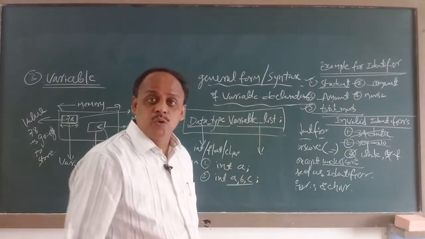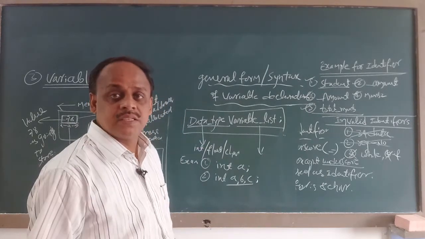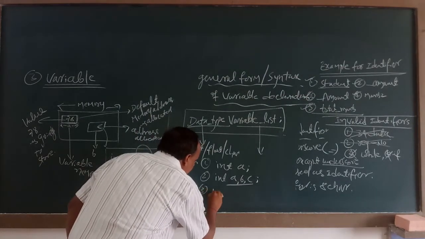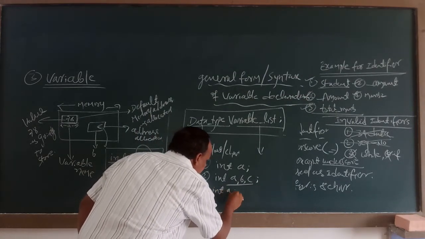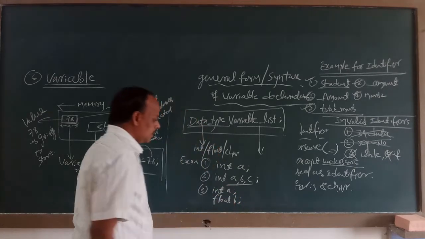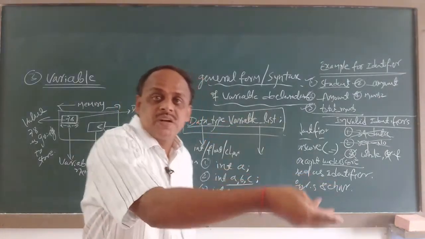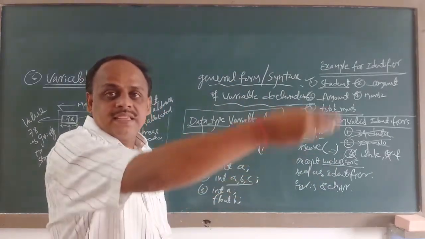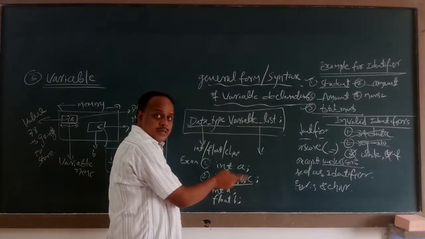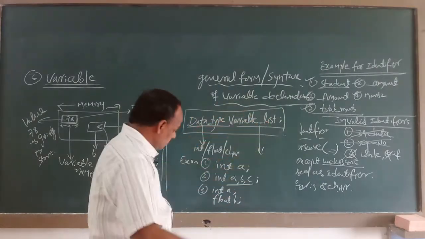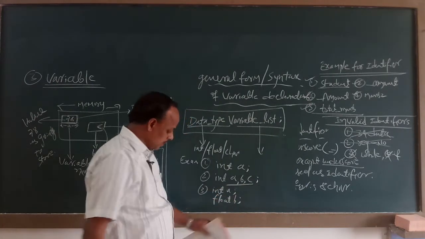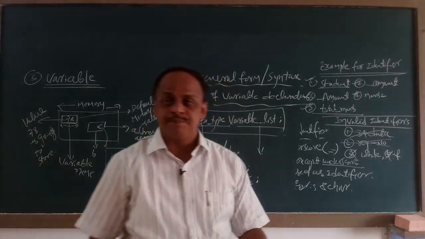Suppose I have to declare two variables of different data types, then we have to declare them separately like this. Third one, int a comma float b, right? Suppose the variables are of the same data type, we can declare them in a single line like this: a, b, c, only one data type. Suppose those variables are of different data types, we have to take them separately: int a semicolon, float b semicolon, right?